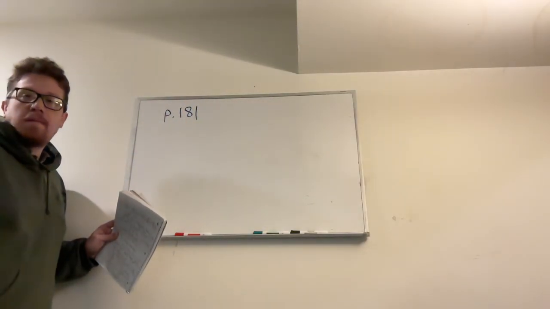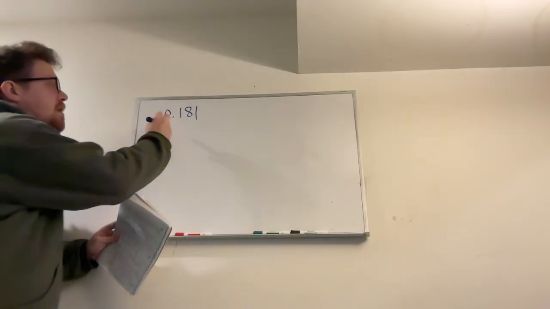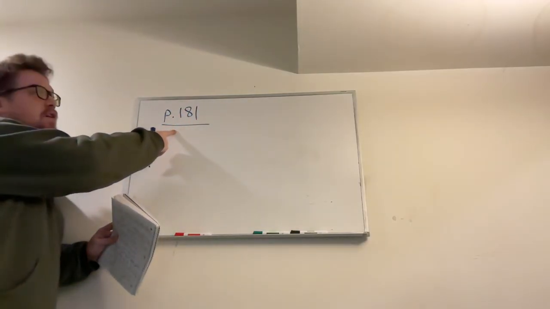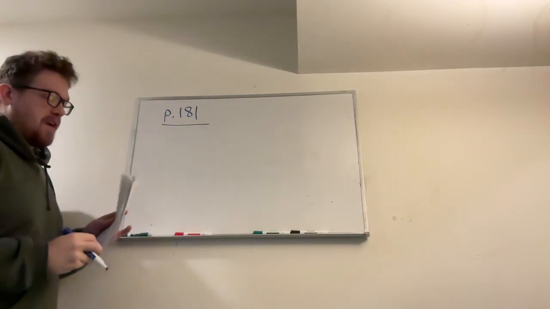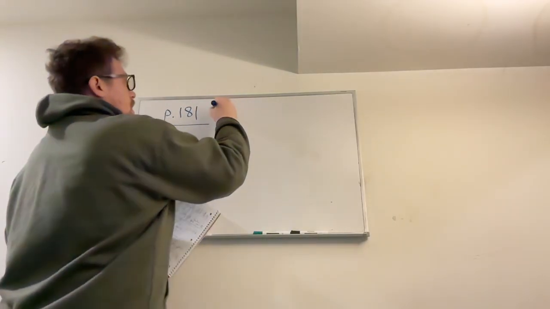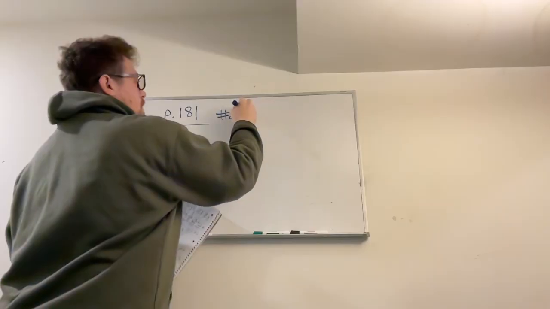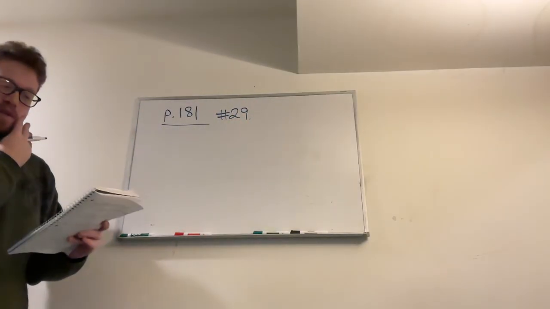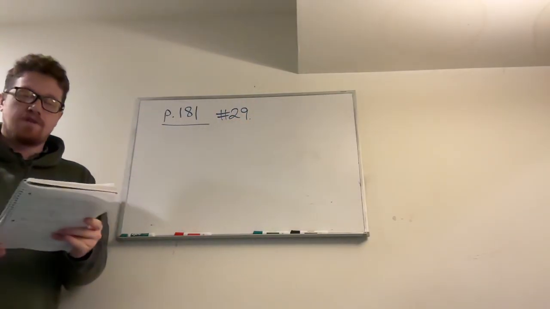I have the Stony Brook edition, but any Stewart book will be good. You might need to fix the page number possibly, but this is page 181 in my book. Number 29 is one of the red highlighted ones. I think that's the ones they have the solutions for in the back.